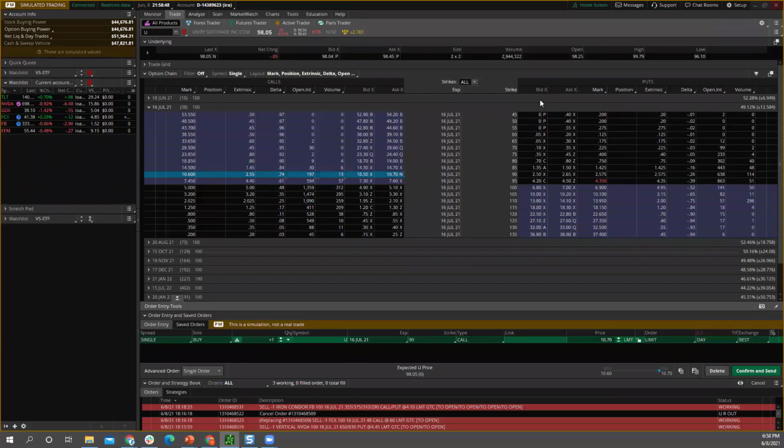Maybe I'll bring up a trading platform and we will look at it right away. So this is delta right over here. The left side is calls. Calls have positive deltas, which means if I bought a call option and the stock goes higher, my call option will also go higher in value.